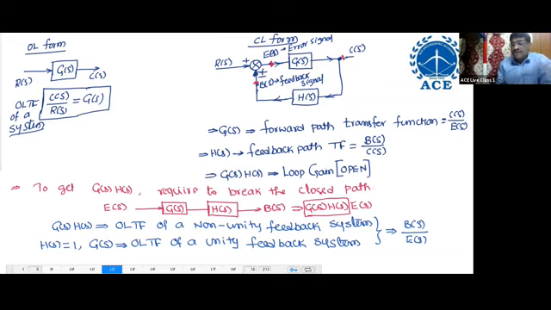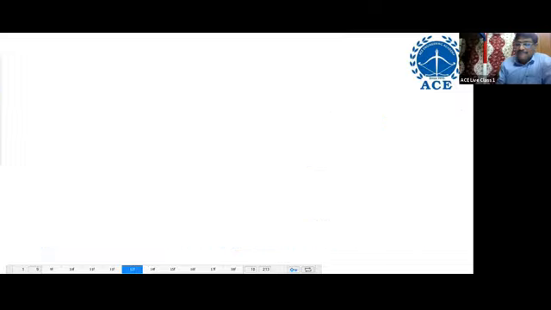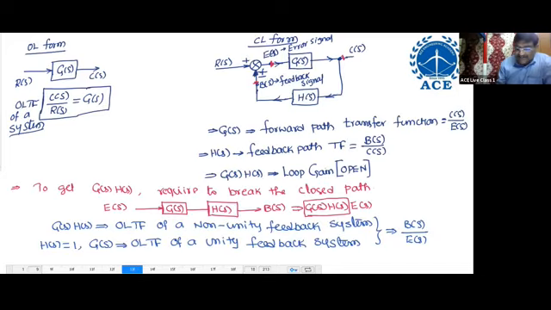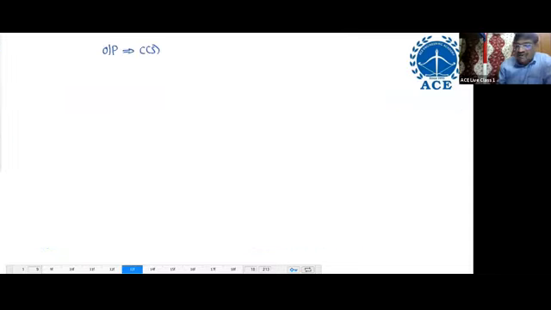How to find the closed loop transfer function? Listen. First write the output. What is the output? C of S equals E of S into G of S. That means output C of S equals G of S into E of S. Next, what is E of S?